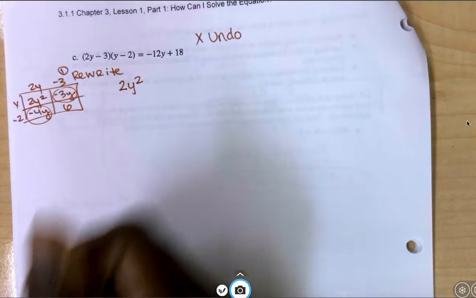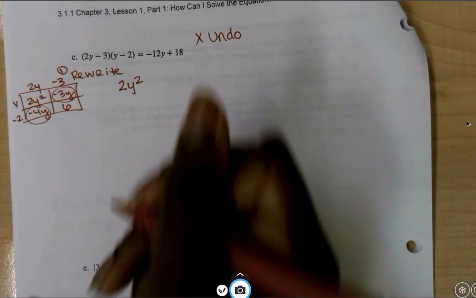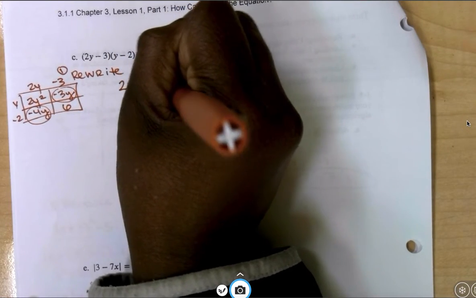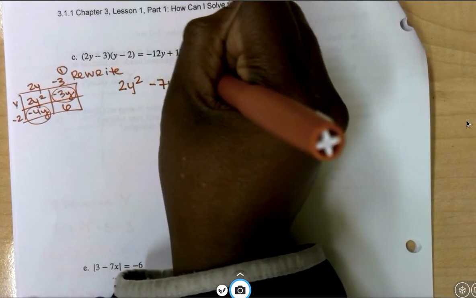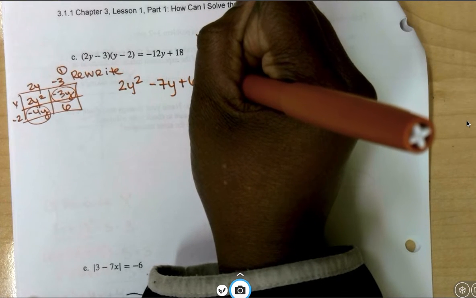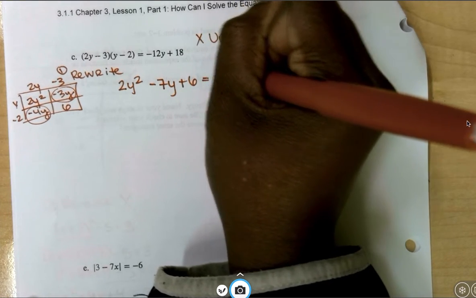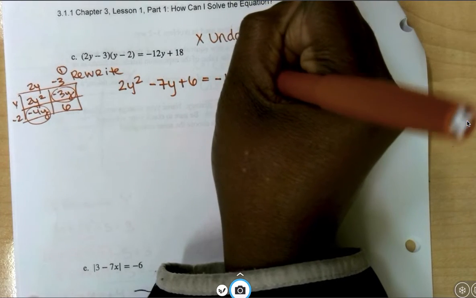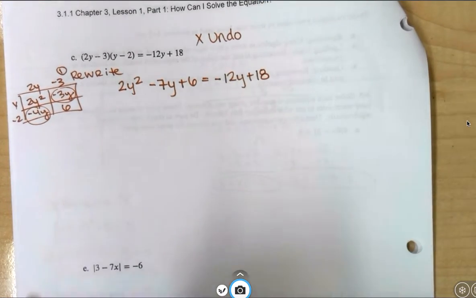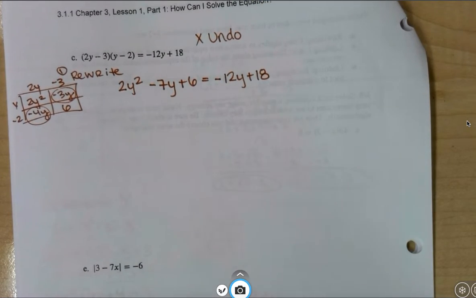So I square these two here is going to give me a negative 7y plus 6 is equal to negative 12y plus 18. I'm going to do my best to move all the terms to one side.